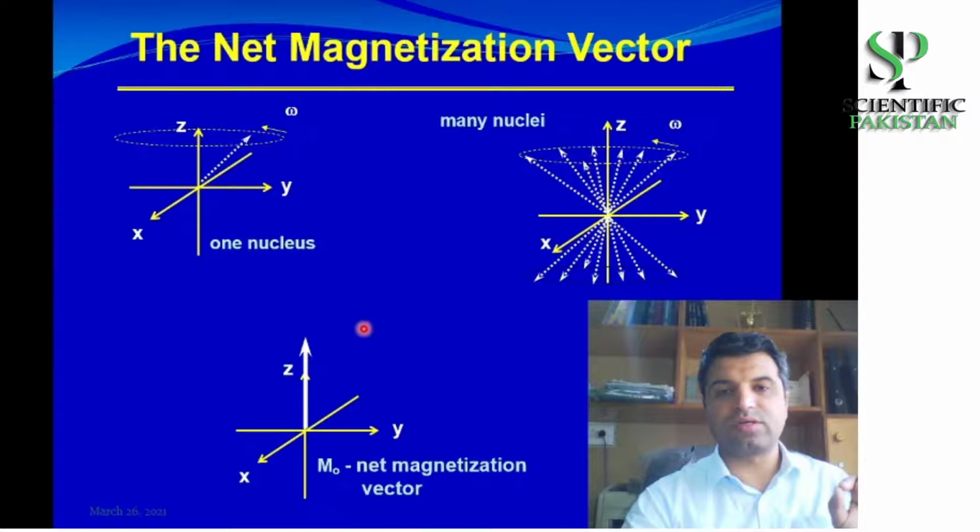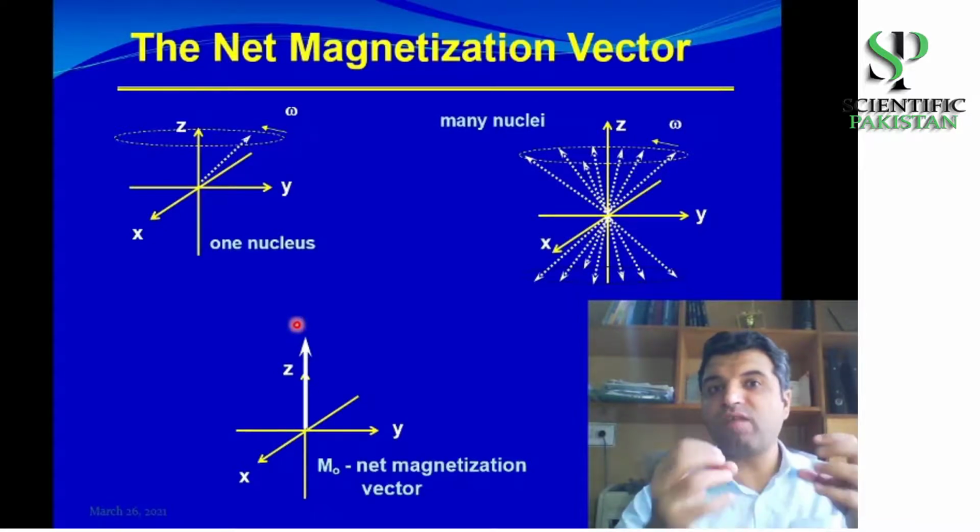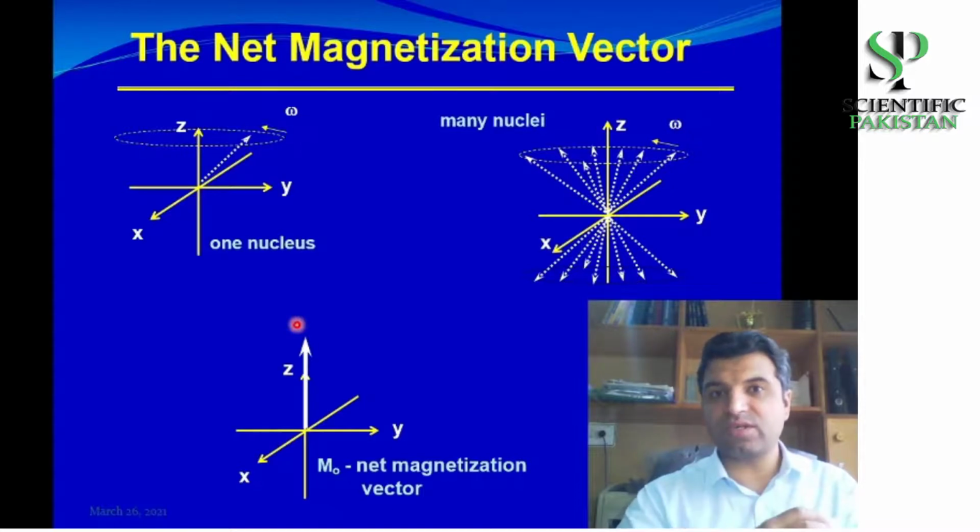So this is the net result. Some of the magnetic moments are cancelled out. Those left over are shown here as M naught, and this M naught will always be pointing up in the z-axis. Why? Because this is the combination of the excess nuclei in the alpha state. And you know that nuclei in the alpha state means pointing in the z-axis.